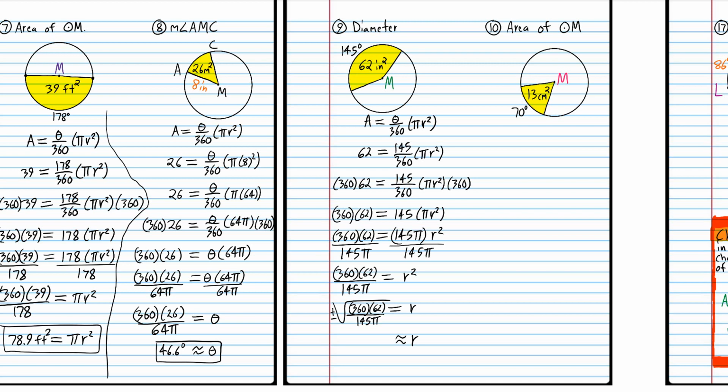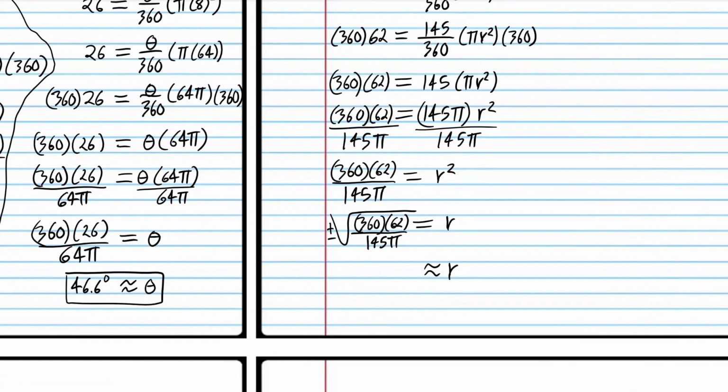So 360 times 62 equals, divided by 145 equals, divided by the pi button equals. Then you're going to push the square root button, and that's going to be r. The square root button is going to look something like this, or with an Android phone, it might be something like that with a parenthesis. Or if you have some other calculator, it might be something different, but you need to figure it out.